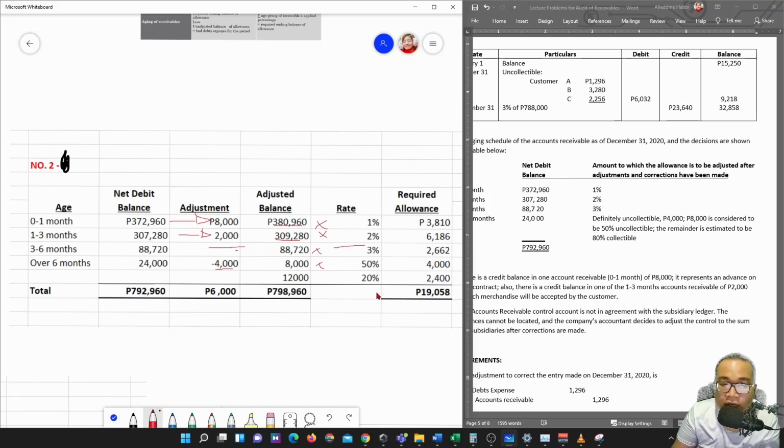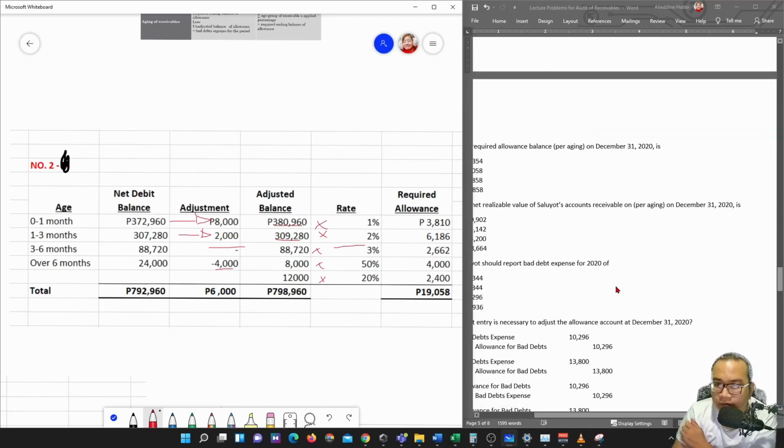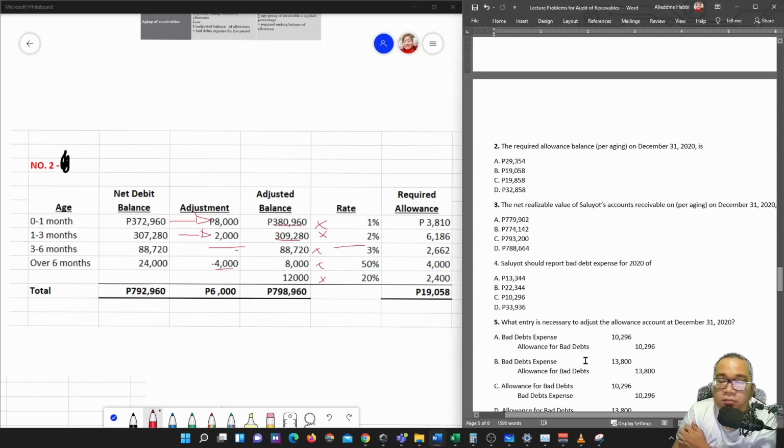Yung remaining, which is around 12,000, 20% lang yung uncollectible kasi 80% yung collectible. So, multiply mo, kasi summation, di ba? Multiply mo, tapos add mo. Ito yung required balance per each. So, at the end, yung required allowance balance, 19,058.